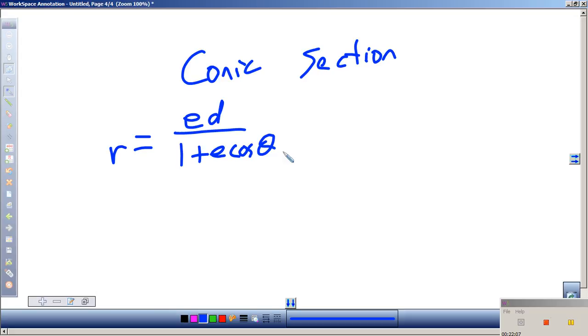Cosine or sine, depending on what you have. And when you have this type of thing, what was the first thing you usually wanted to do? Find e. Why? Yeah, e tells us what shape, because if e is between 0 and 1, it is an ellipse. If e equals 1, it's a parabola. If e is greater than 1, hyperbola.